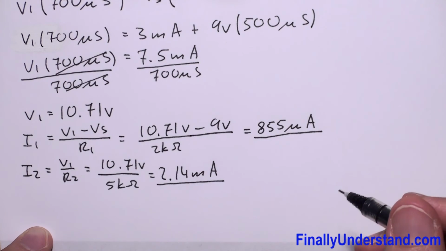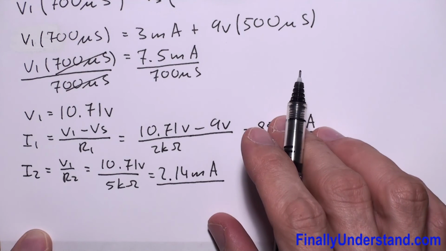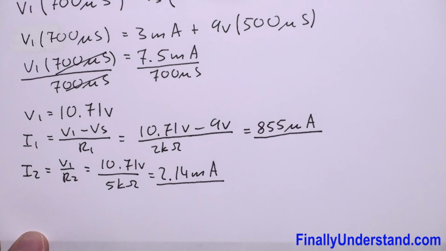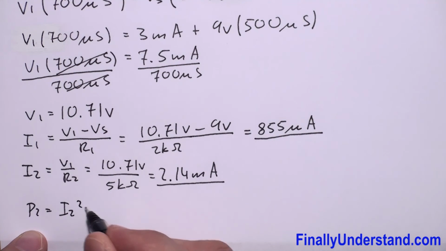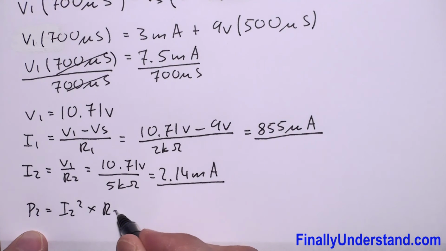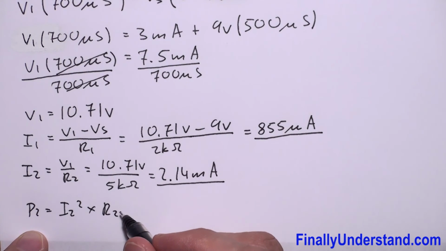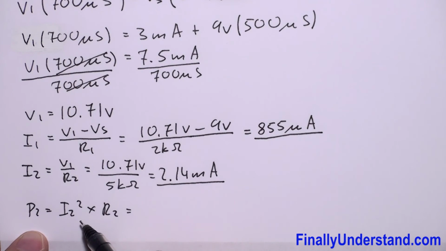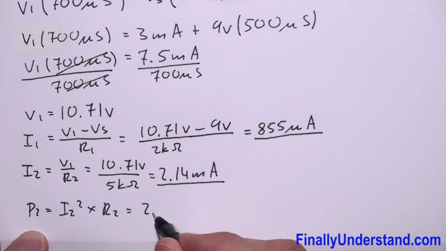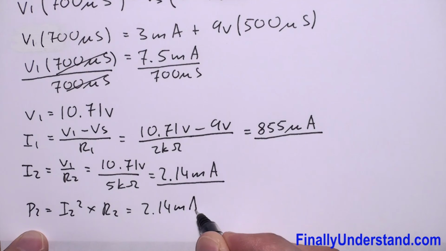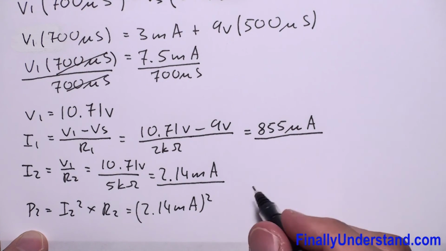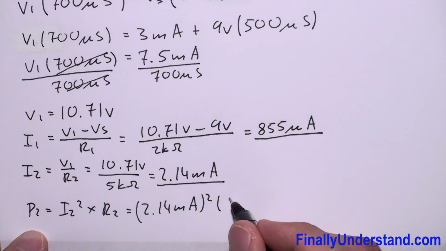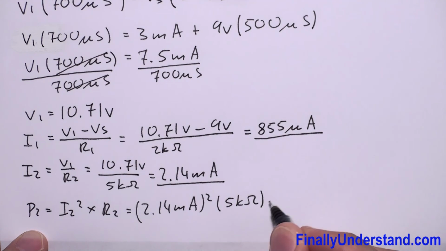Next, the problem is asking me for the power which is going to appear across resistor R2. The formula for power says P2 is equal to I2 squared times R2. So this is equal to I2, which we found is 2.14 milliamps, raised to the second power, times R2, which is 5 kilo ohms.